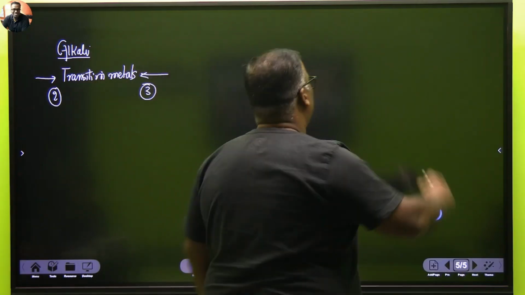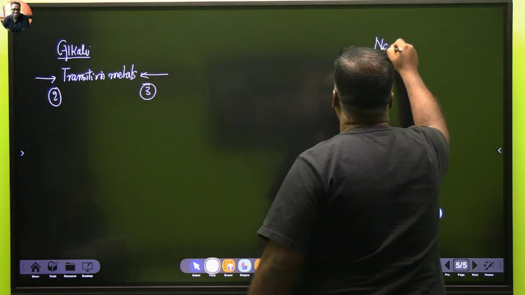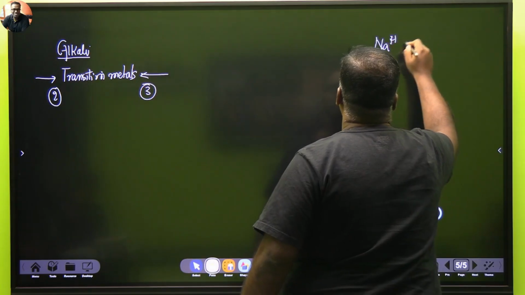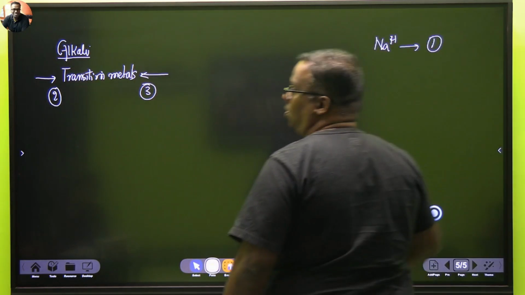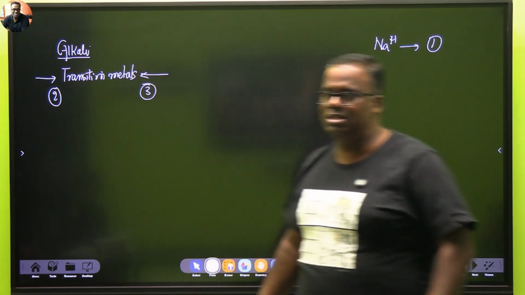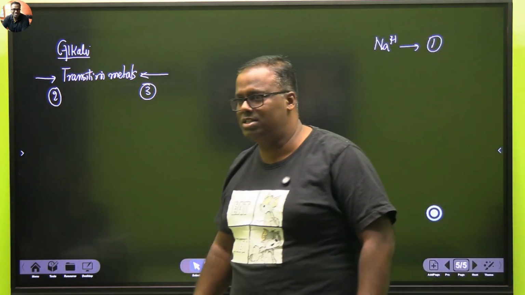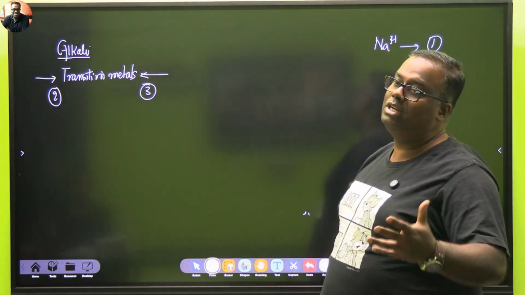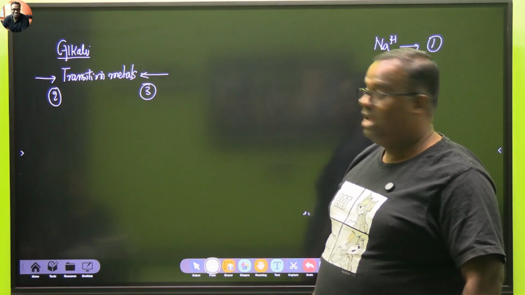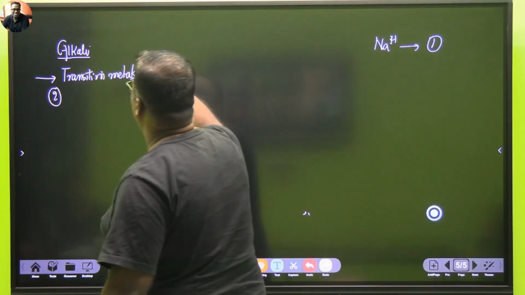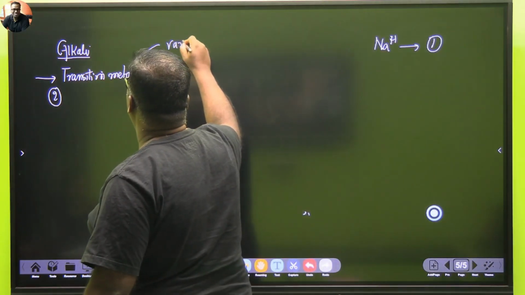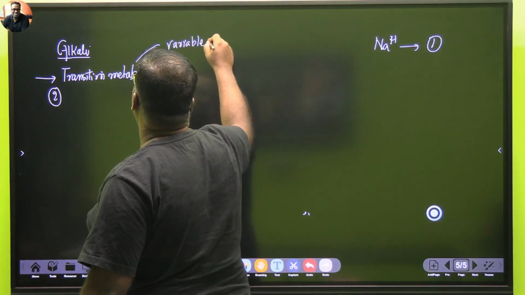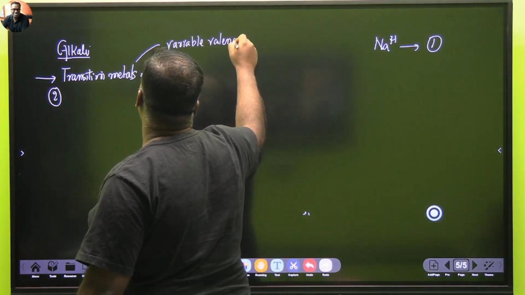If I ask you what is the valency of sodium, what do you say? Sodium shows +1, so the valency of sodium is 1. In transition metals, when you go to higher classes, you will understand that there is an orbital called d orbital which starts filling up. And these transition metals will show variable valencies. Variable valency. Not in your syllabus, just जान के रखो.